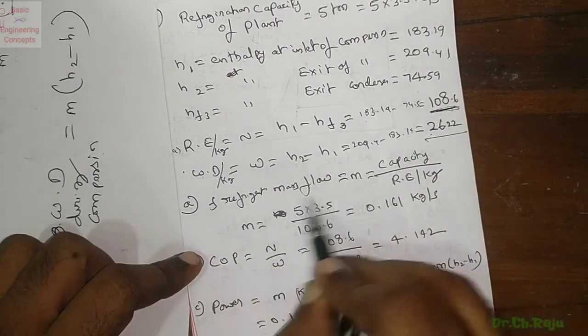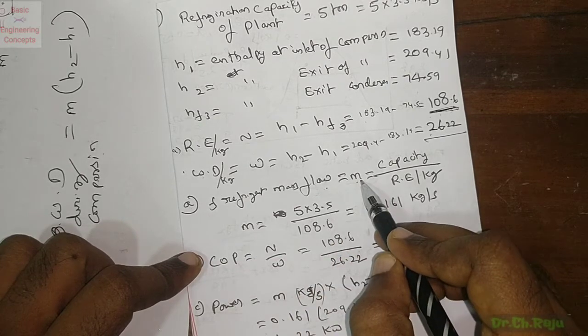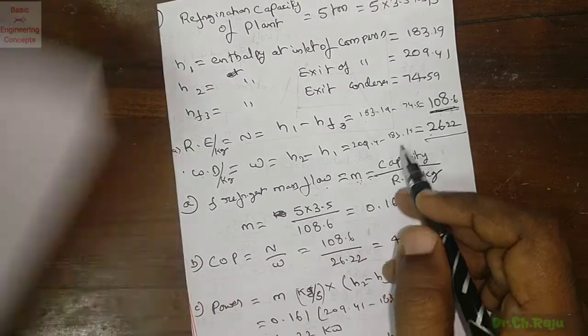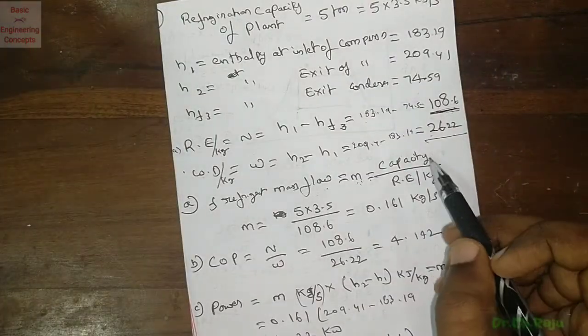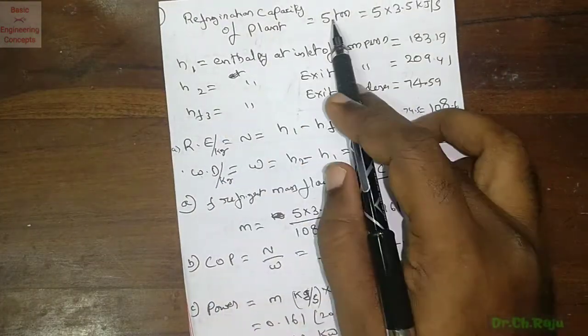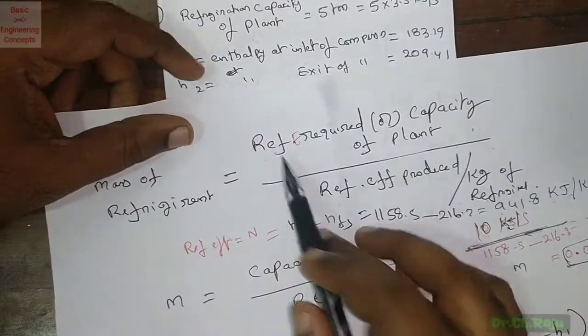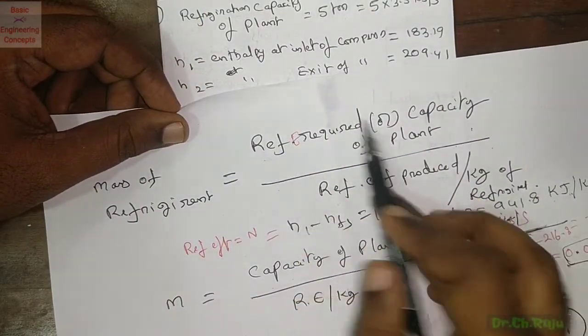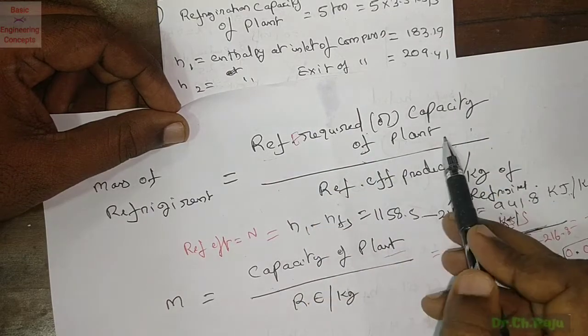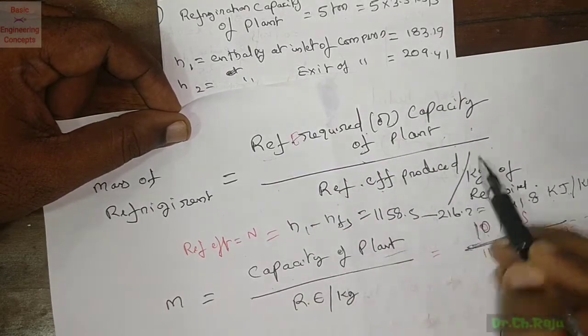Then the mass of the refrigerant flow is equal to the capacity of the plant divided by the refrigeration effect produced per kg.